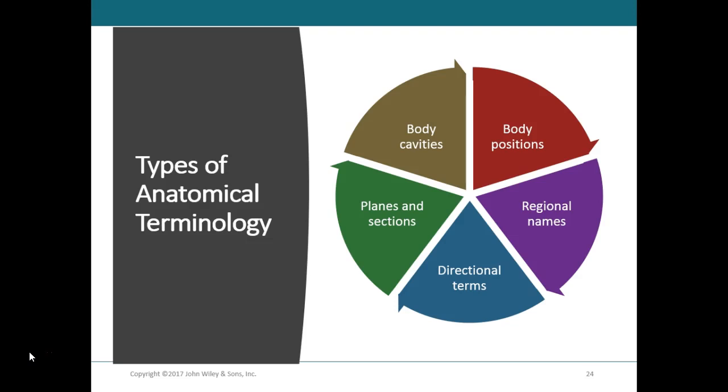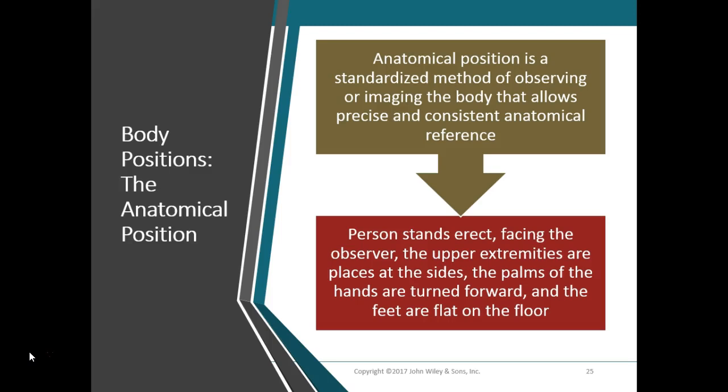So let's begin. All right, so we begin with the anatomical position, which is a standardized position that allows anyone that is observing or imaging the body to have a very precise and consistent anatomical reference. So correct anatomical position has a person standing erect, facing the observer. Arms are down at the side, palms are facing forward, and feet flat on the floor.